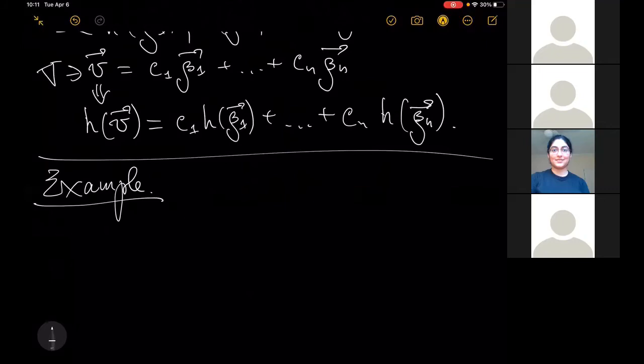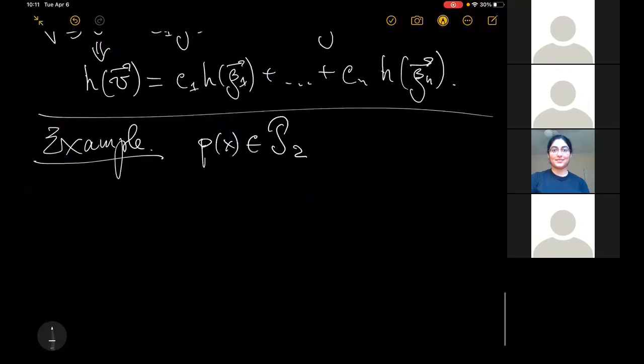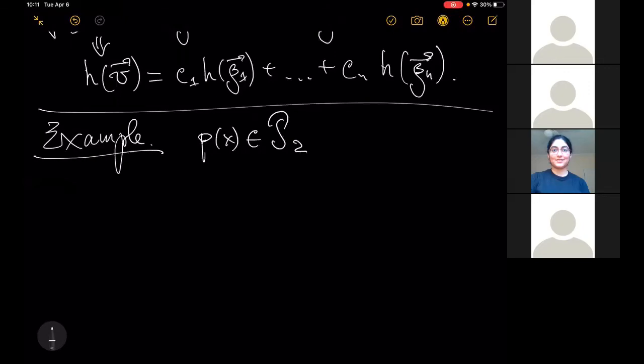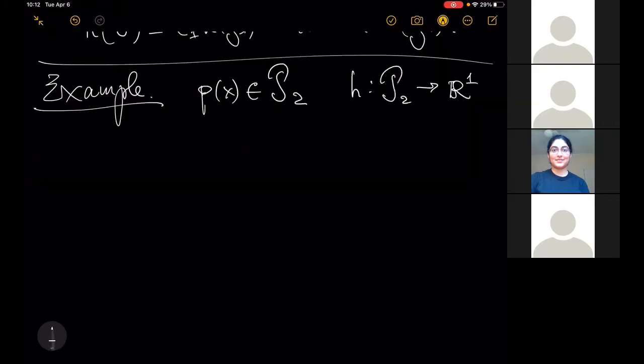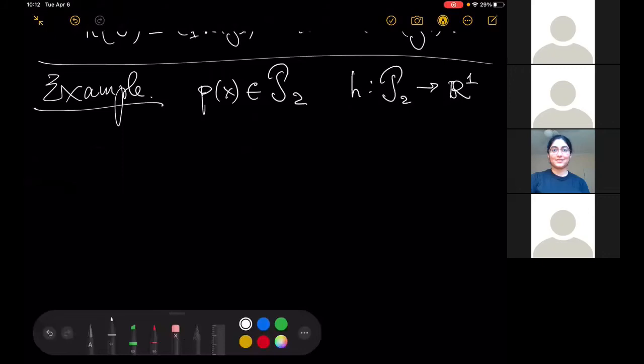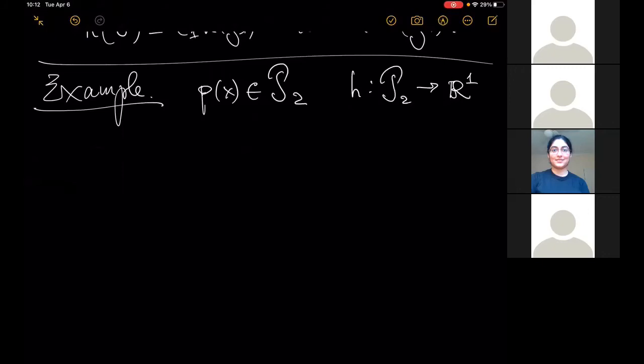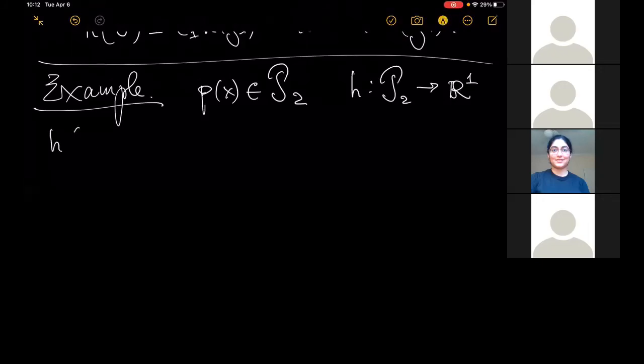Okay, let me consider a polynomial from the space of polynomials of degree 2. So in other words, a homomorphism between P2 and R1.